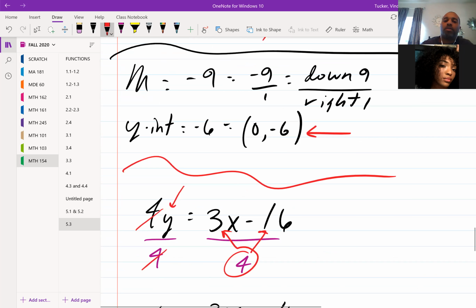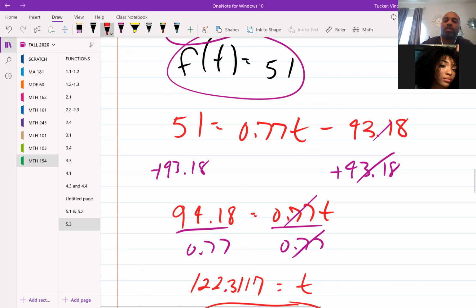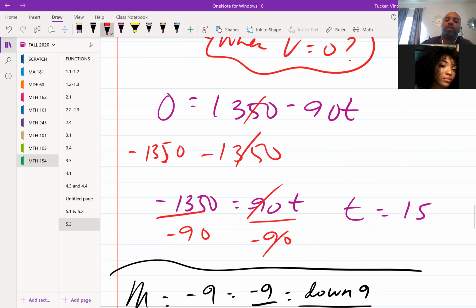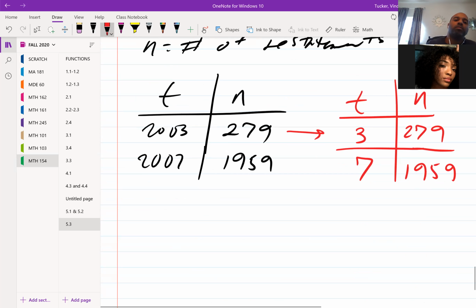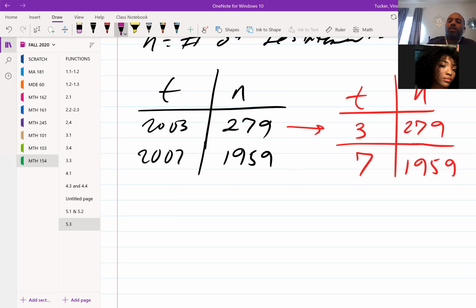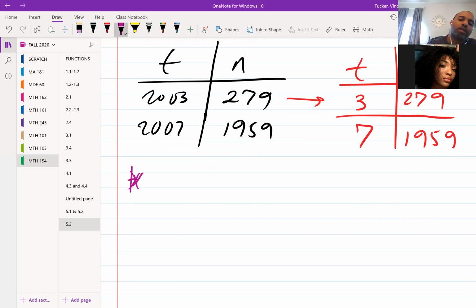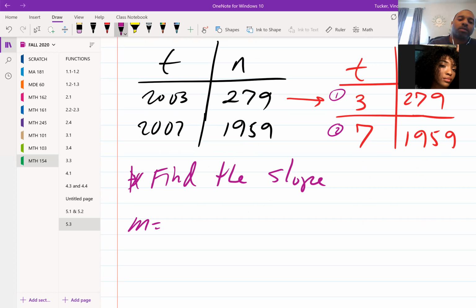All right, so the first thing we want to do is find the slope. Talked about that last class. We call this point 1, call this point 2. Remember your slope formula is y2 minus y1 over x2 minus x1.